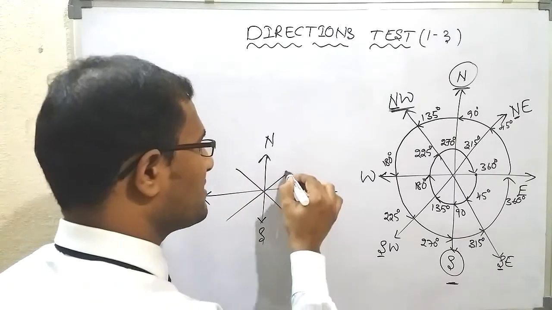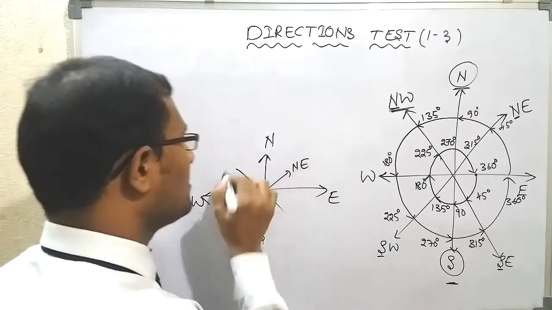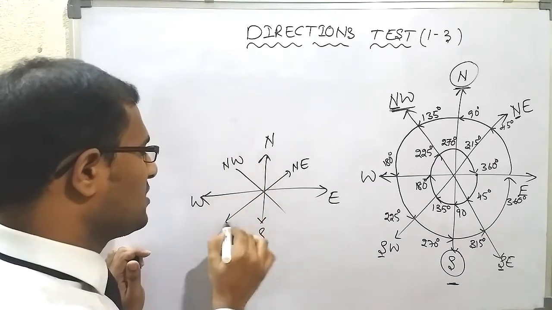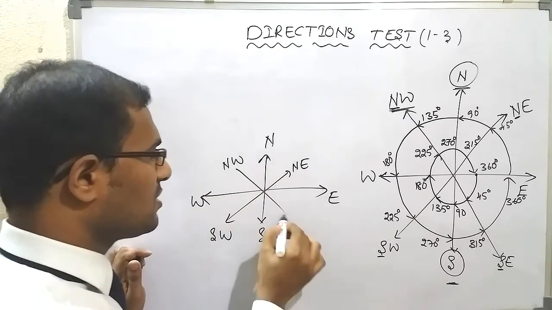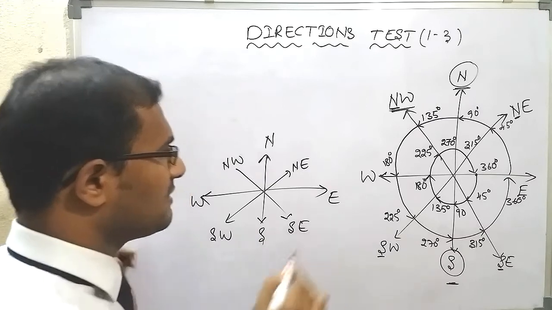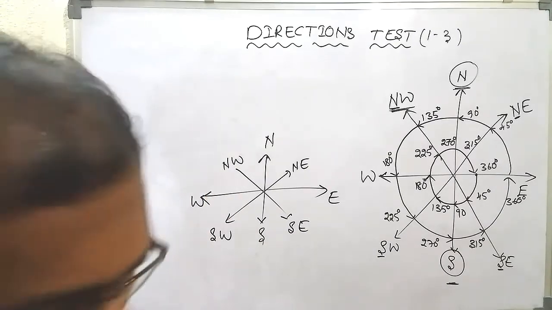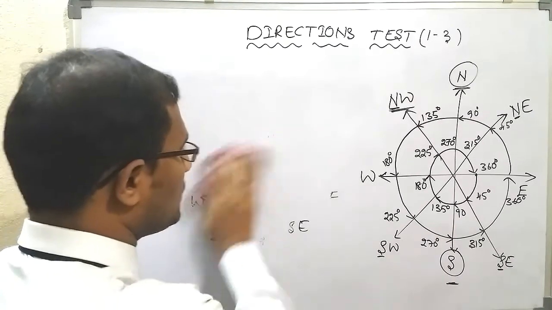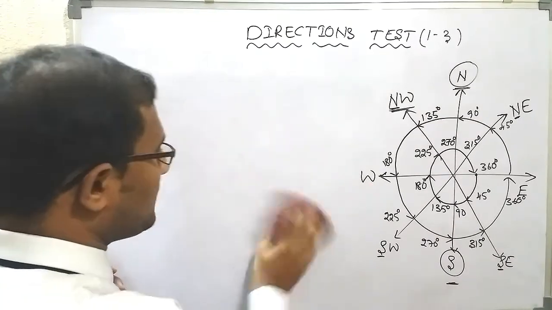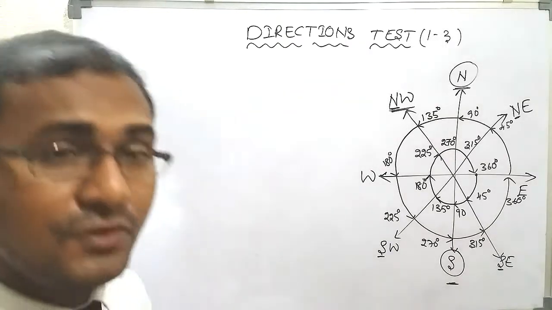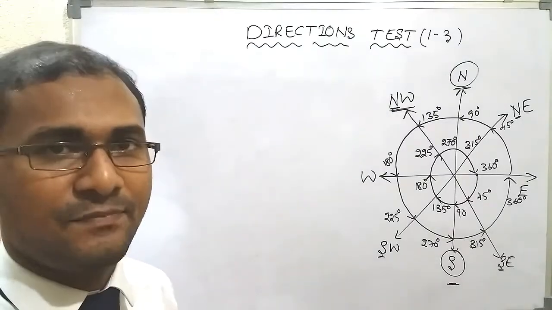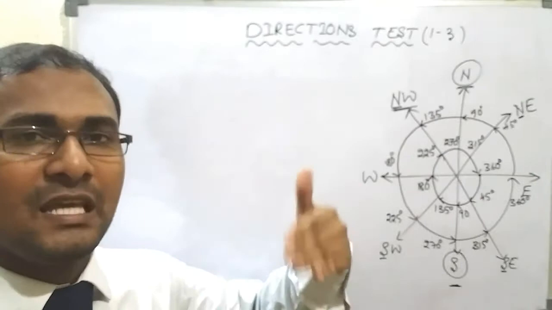So what does this line indicate? Northeast. This line indicates northwest. This line indicates southwest. This line indicates southeast. See, these lines we have to remember randomly also. It means, for example, if we want to write the northeast line, instantaneously we must be able to draw that line.